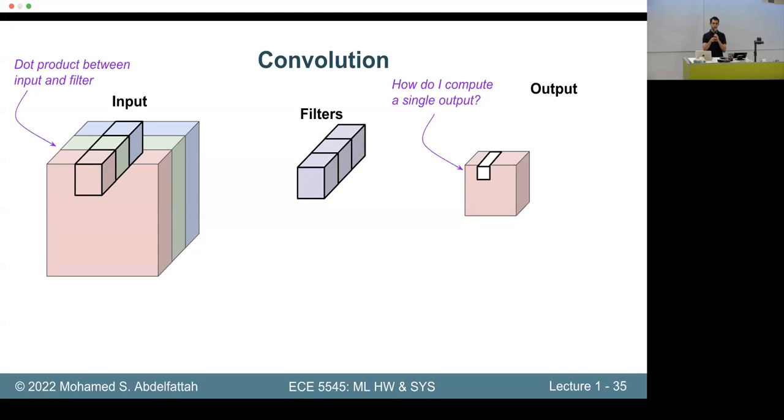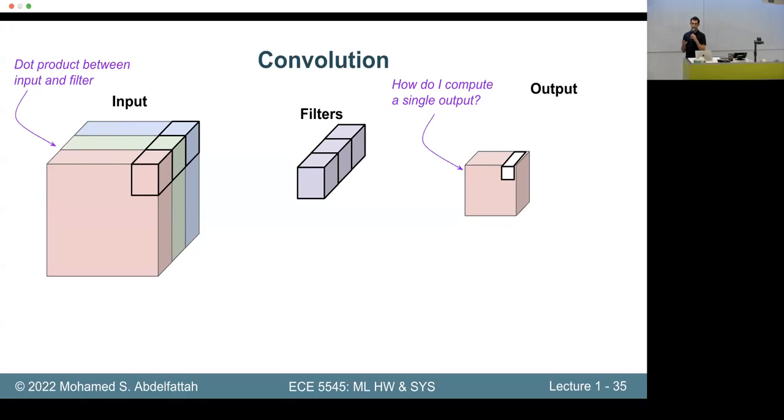So I go to the next part of the input that looks exactly the same as the filter. I do a dot product with that, and that's how I compute the second output. And then I repeat that for the third output and for the fourth output. So that's how a convolution works. And you'll notice that I did all of these computations using a single filter that I have loaded on chip.